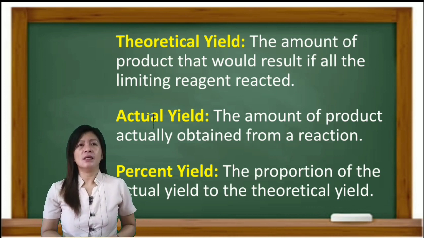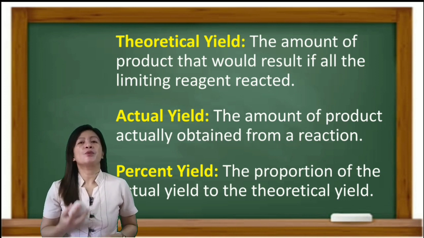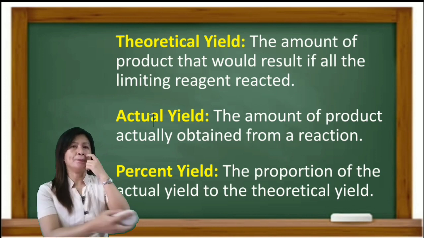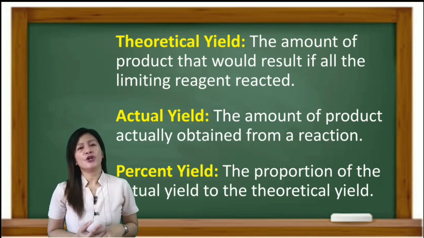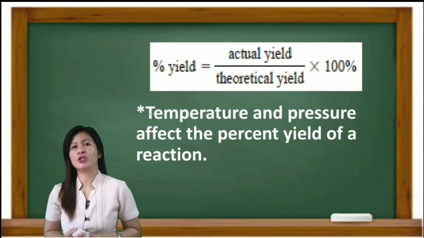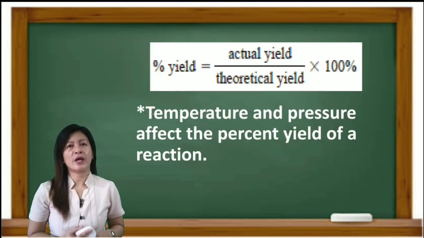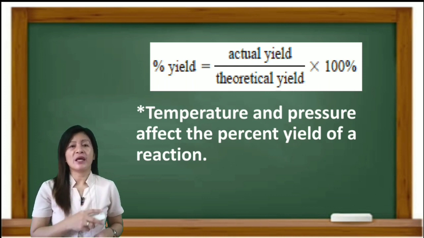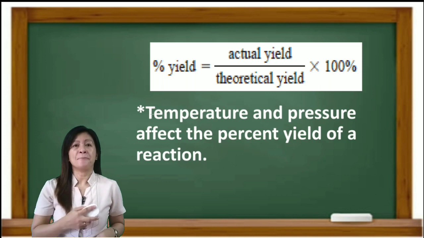The percent yield is the proportion of the actual yield to the theoretical yield, multiplied by 100. Here is the equation for percent yield: actual yield divided by the theoretical yield times 100%.